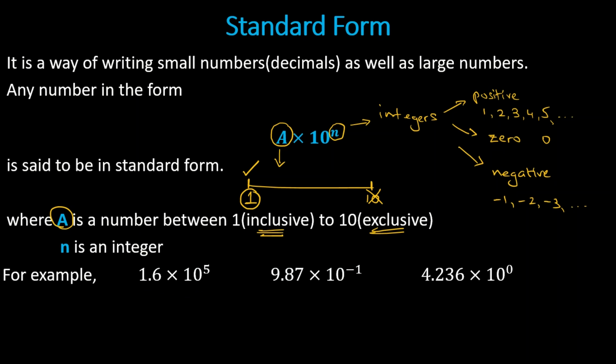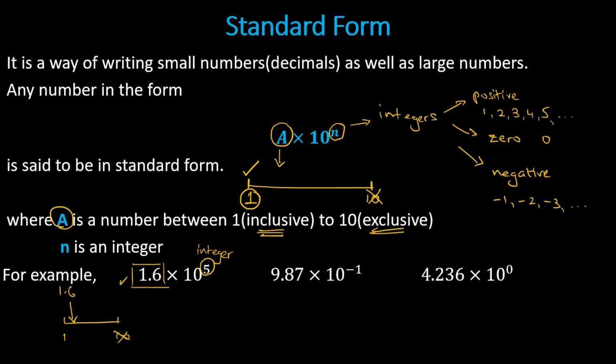Why? 1.6 is between 1 and 10. It is somewhere here, 1.6. And the power 5, it is an integer. So 1.6 times 10 to the power of 5 is in standard form.